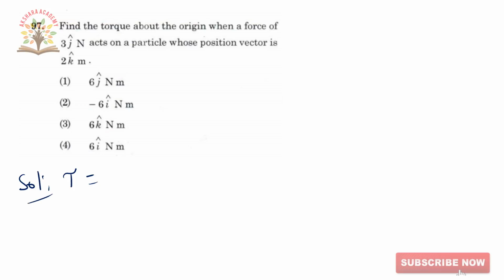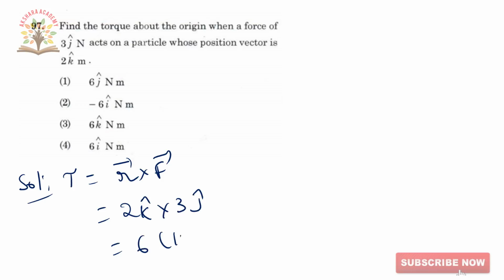Tau is equal to R bar cross F bar, that is equal to 2K bar cross 3J bar, that is equal to 6 K bar cross J bar, that is equal to minus 6 I bar Newton meter. So the second option is the correct option.